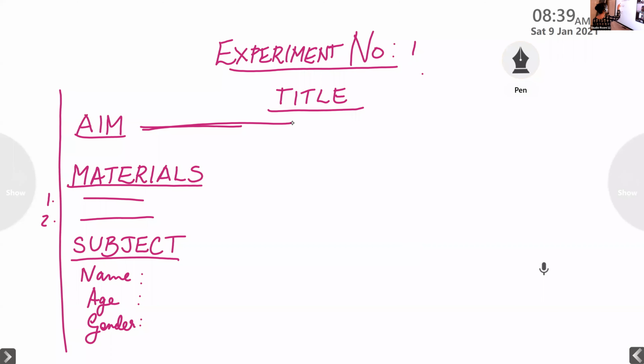Then materials, you'll write in numbered form. Then you'll write the subject. Subject is the participant, the details of the person whom you are testing. That is, if I am the experimenter and I am testing the memory span of a person, who might be Meghna, then I'll write the name as Meghna, her age and her gender, like that.